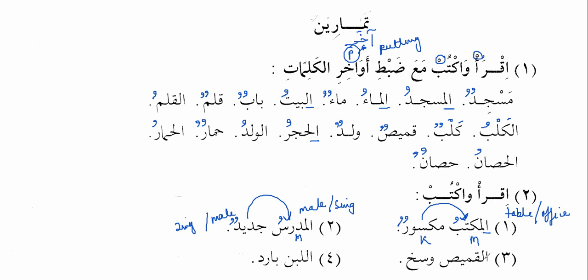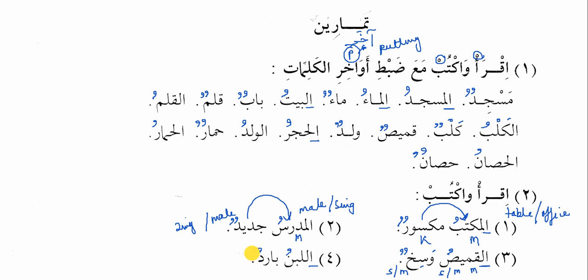Let's see number 3. Al-qamisu, mubtada with lamat tarif. Wasikhun means dirty. This is male, so this is also a male noun. This is singular, so this is also a singular noun carrying information for the qamis, the shirt. Al-labanu with lamat tarif.